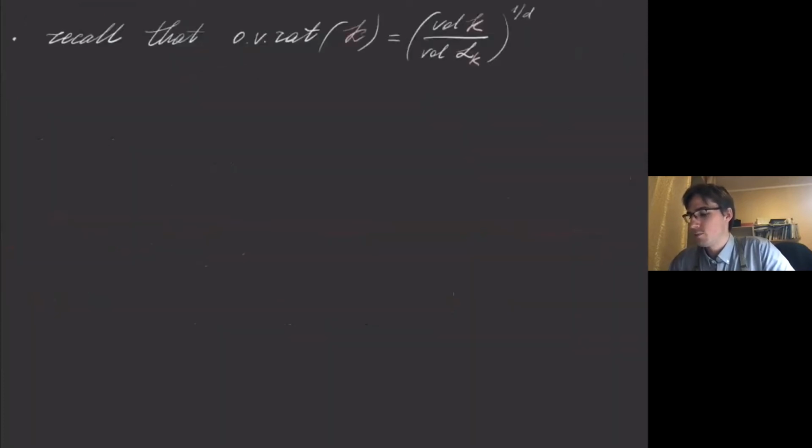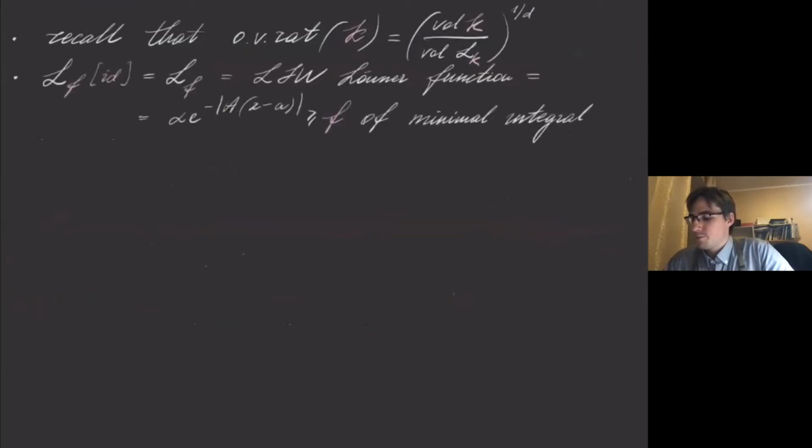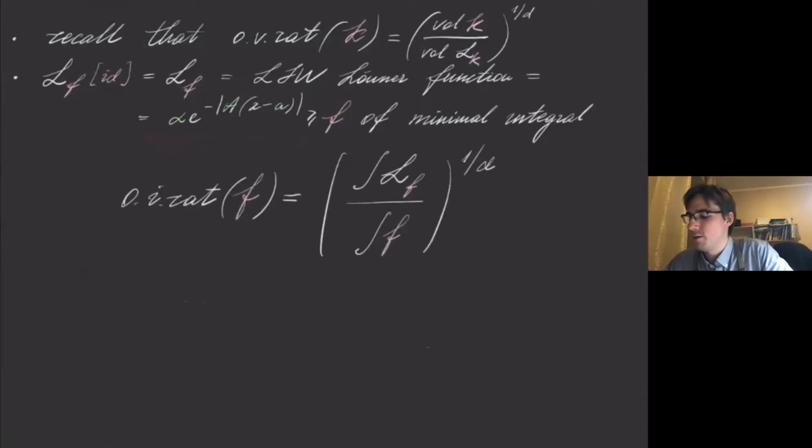So the next important thing is that, well, recall what the outer volume ratio of a body K is. If again we roll back to the Lee-Schuett and Werner Löwner function of the function f, we can define the following quantity that is a reasonable generalization of the outer volume ratio in the setting of log-concave functions.